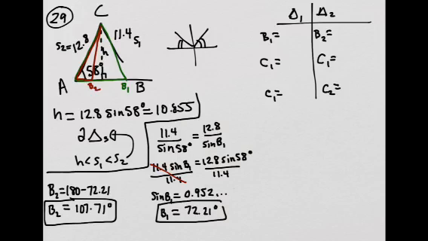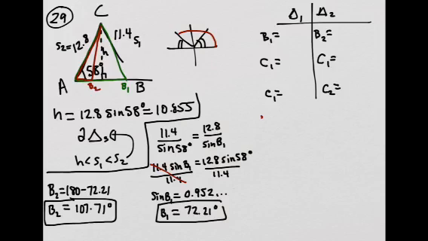So we need to find this angle. Knowing that this and this are congruent, all you have to do is find the supplement of this angle. Because to find this one, you subtract 180 minus this, and you get the red angle. So that's what we'll do here.